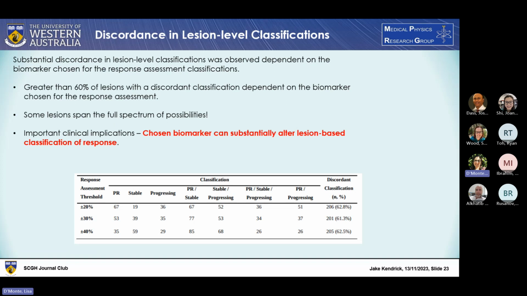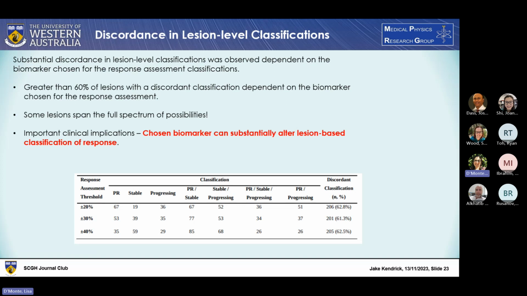And the answer to that question is overwhelmingly yes. So dependent on the imaging biomarker that you choose, there was 60% of lesions that had a discordant classification. So basically, purely just by changing the imaging biomarker that you're using to assess response, it can change how you're actually interpreting the response, stability, or progression of the lesion.